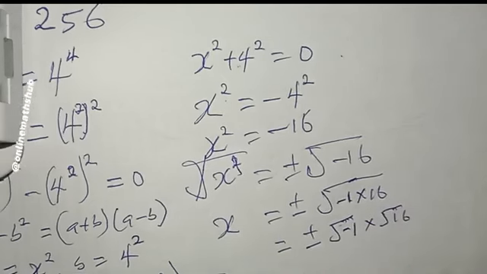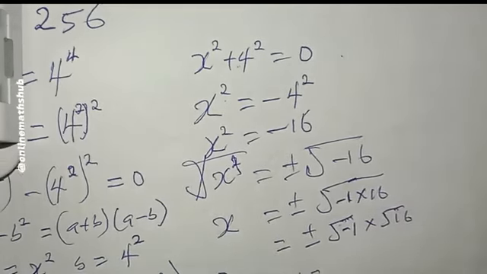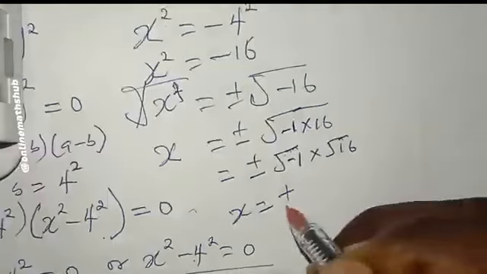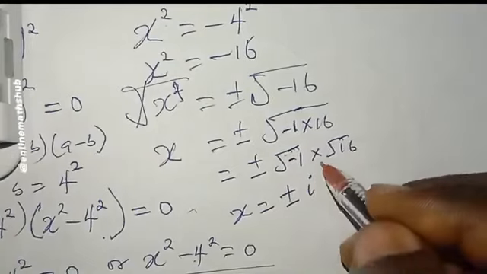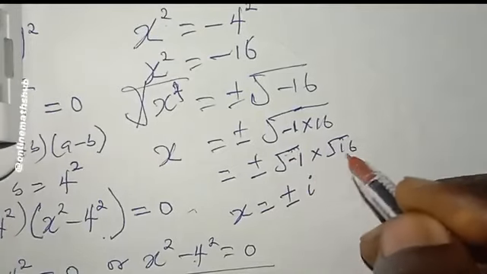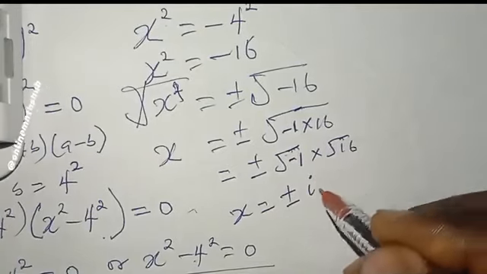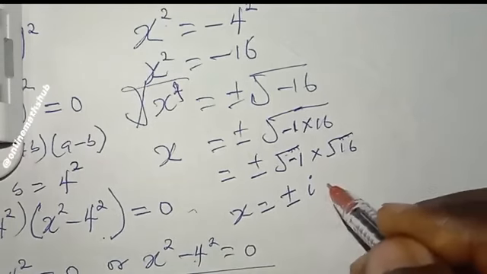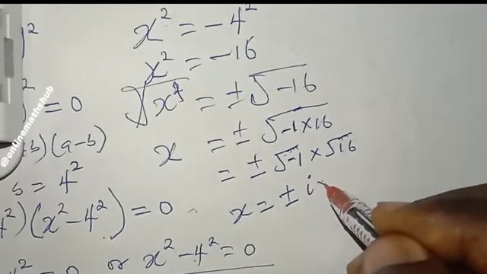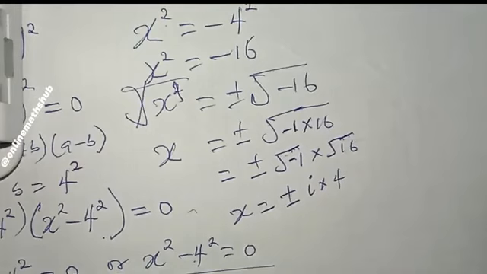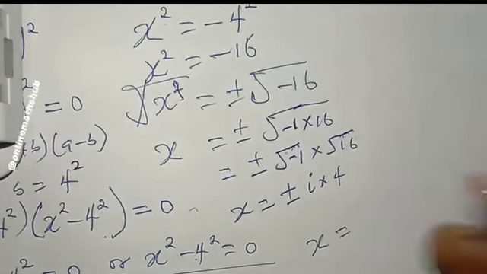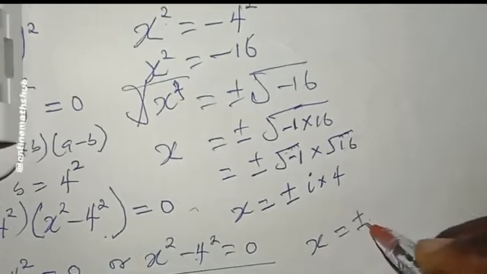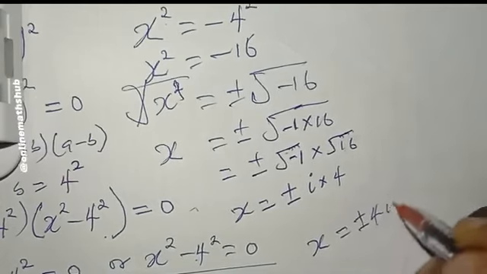So we have that x is equal to plus or minus root negative 1, which is equal to i, multiplied by root 16, which is equal to 4. So that eventually x is equal to plus or minus 4i.